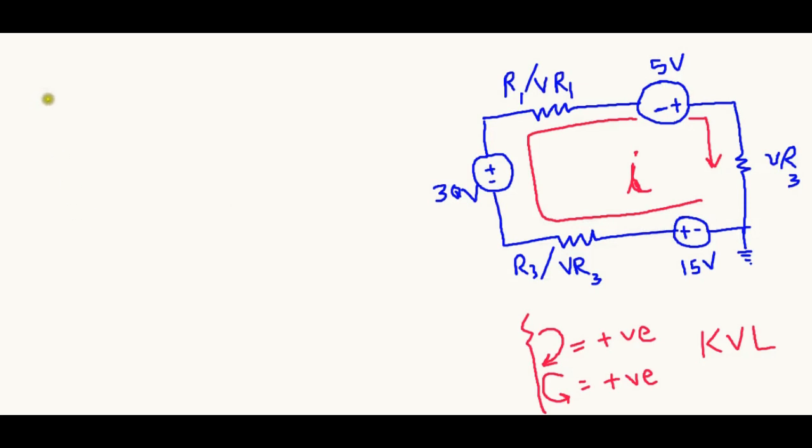So for this purpose, we have minus 15 volts, and then the current enters this resistor. I'm going to sum it up, and then I'm going to write the voltage as it occurs in R3, the resistance number 3.